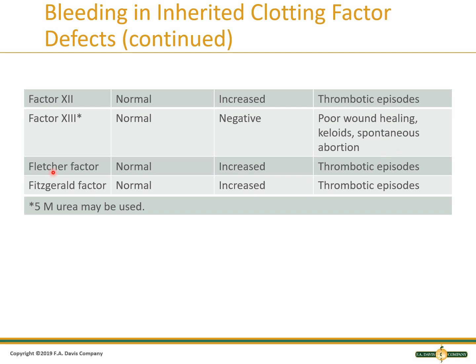Fletcher factor, normal PT, increased PTT, and the patient may have thrombotic episodes, which means it may happen due to circumstantial things, but not a regular occurrence in their lives. The same with the Fitzgerald factor. And again, on factor 13, you can use the 5-molar urea test to check for the integrity of the clot formation.